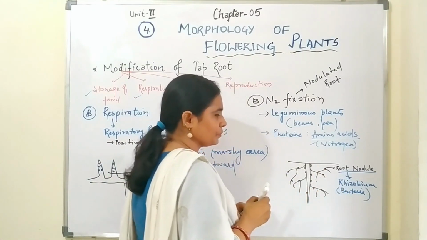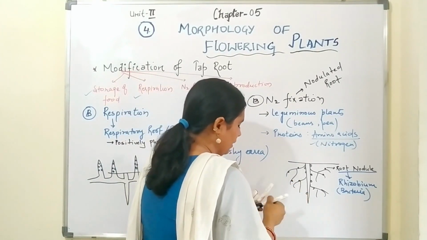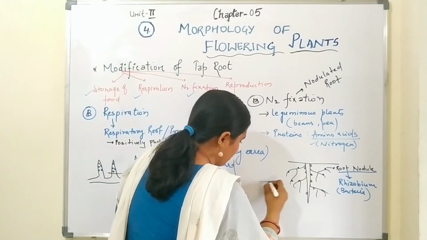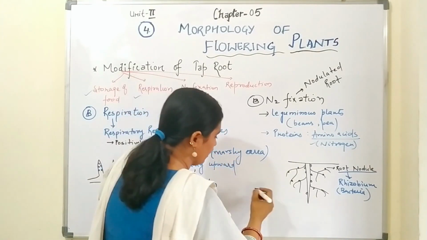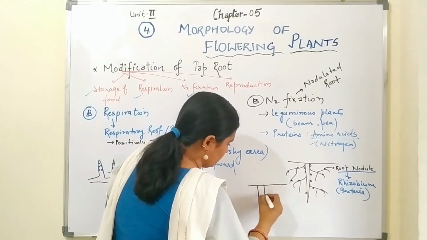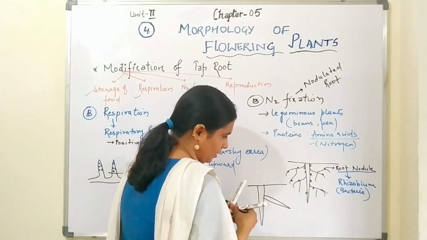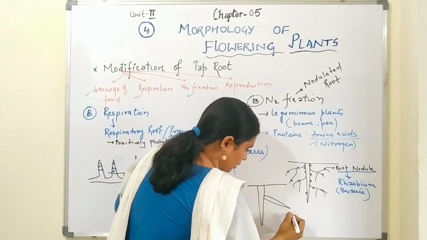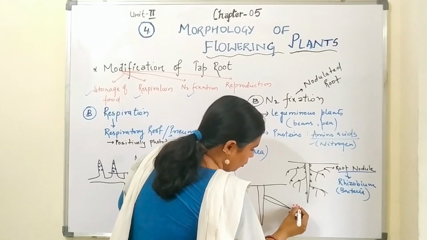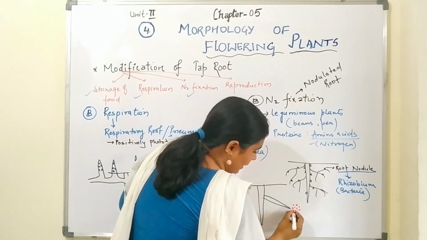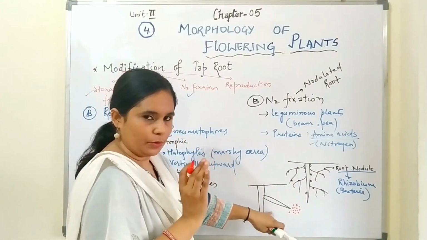Now what happens in case of root nodules? First of all, if I magnify this structure, let me use the black pen only. If you see this structure, this is also a root. I am drawing the bacteria with red color. You will see these bacteria keep on dividing near the root hairs of the root.